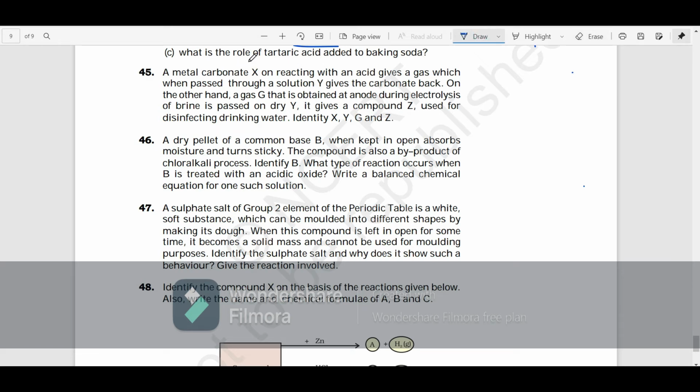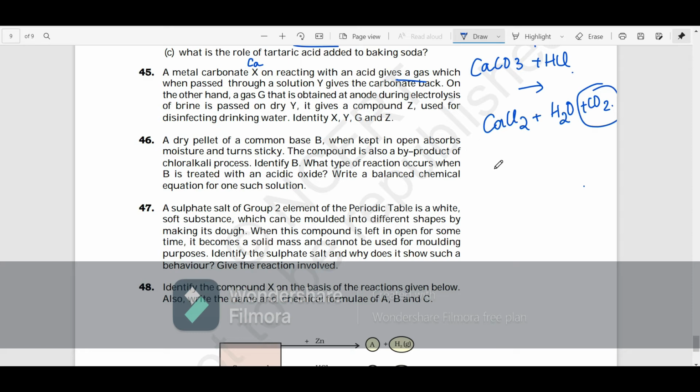See, let's see if the metal carbonate is calcium. Calcium carbonate, on reacting with some acid, let's assume HCl, gives a gas. You'll get CaCl2 and H2CO3, which will be unstable and gives rise to H2O and CO2, right? So this X, which when passed through a solution of Y, is a gas which is CO2.